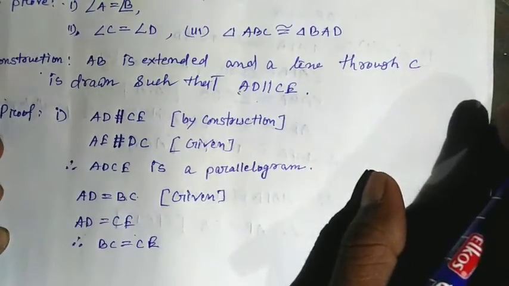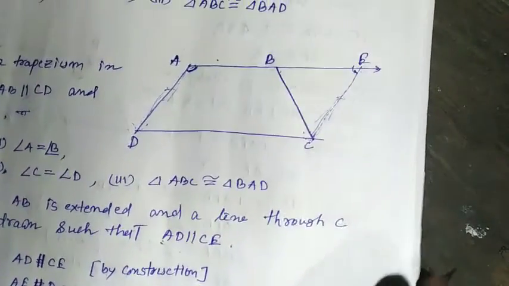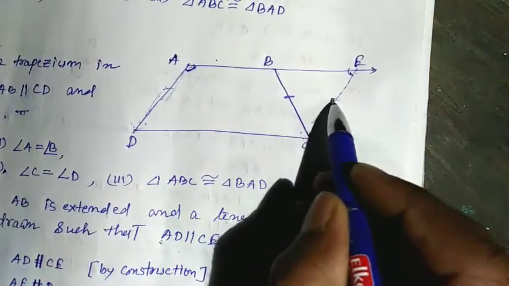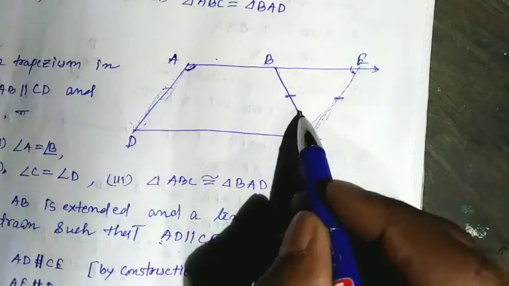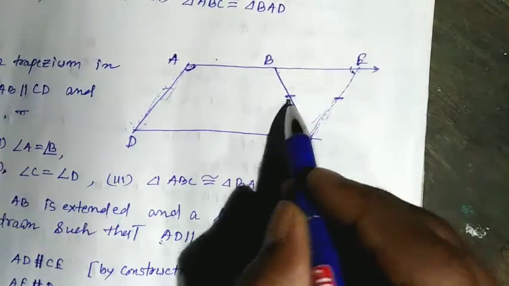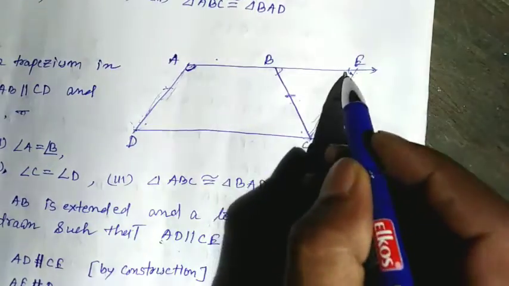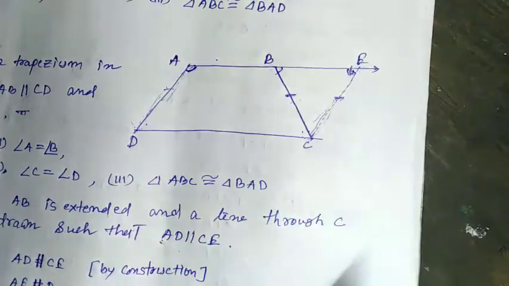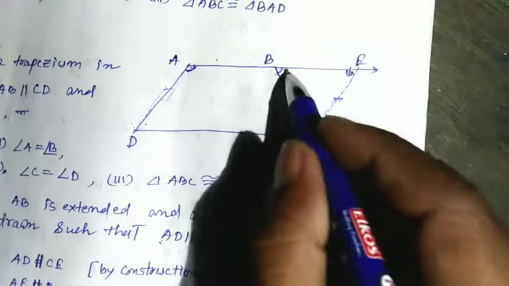Now in which triangle are BC and CE present? See, BC and CE are equal. That means in this triangle BC and CE are equal. So these two angles will also be equal. Therefore we can write angle CEB is equal to angle CBE.